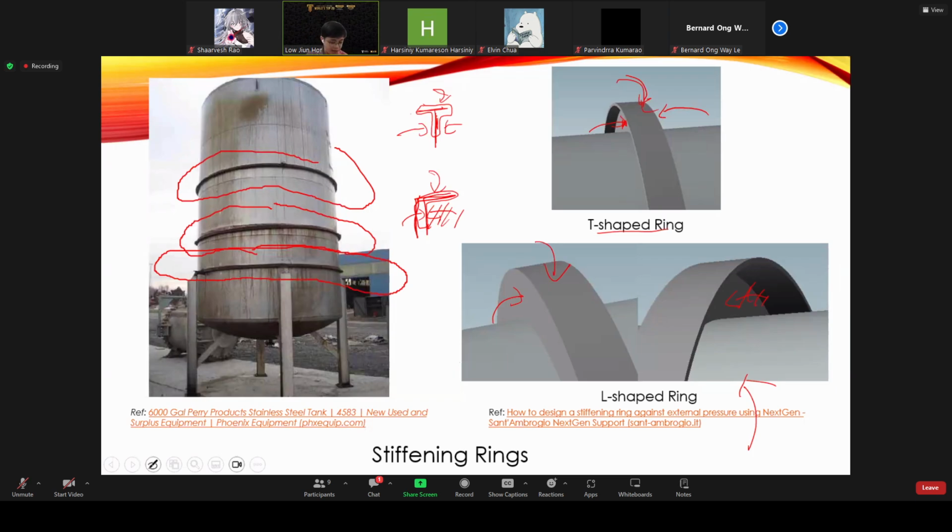Okay, so later we will also learn how to apply the equation to determine the suitable thickness for our pressure vessel, if we want to install the stiffening ring to support our pressure vessel. We will cover the calculation later.